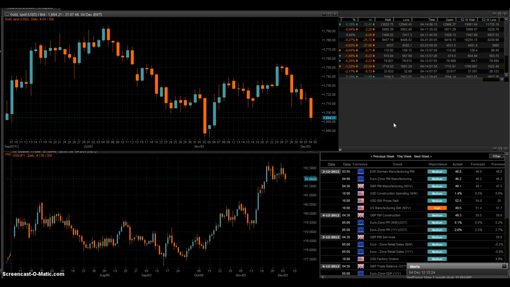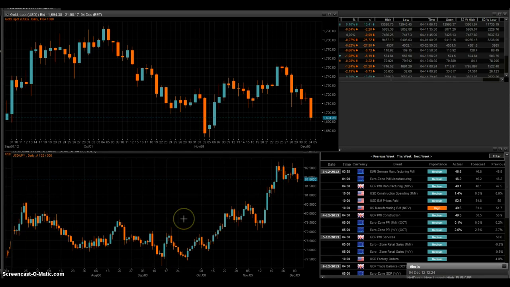So a trade I gave out, around the end of October, beginning of November, was for my clients to take gold up for the expiry on the 9th. Obviously this was a very, very successful trade, and I had people making a lot of money on this trade.